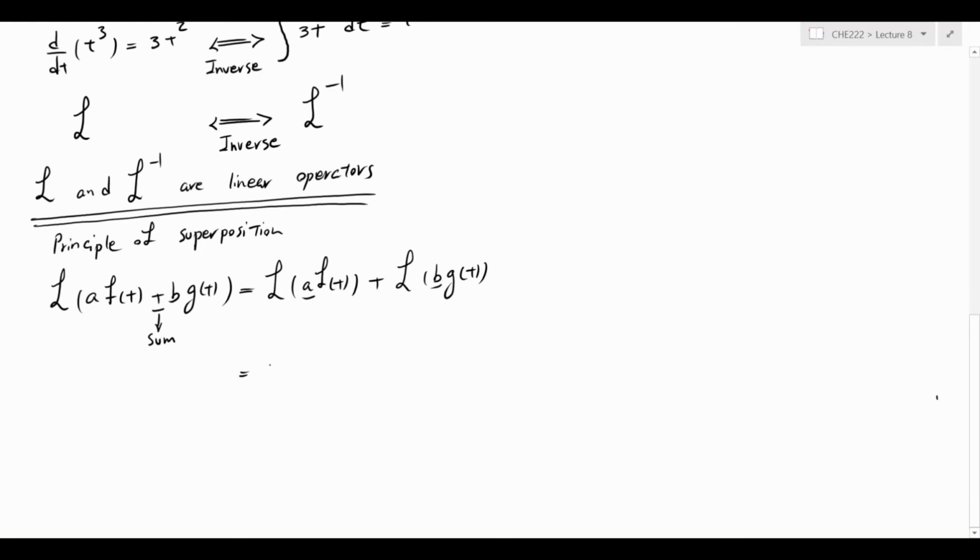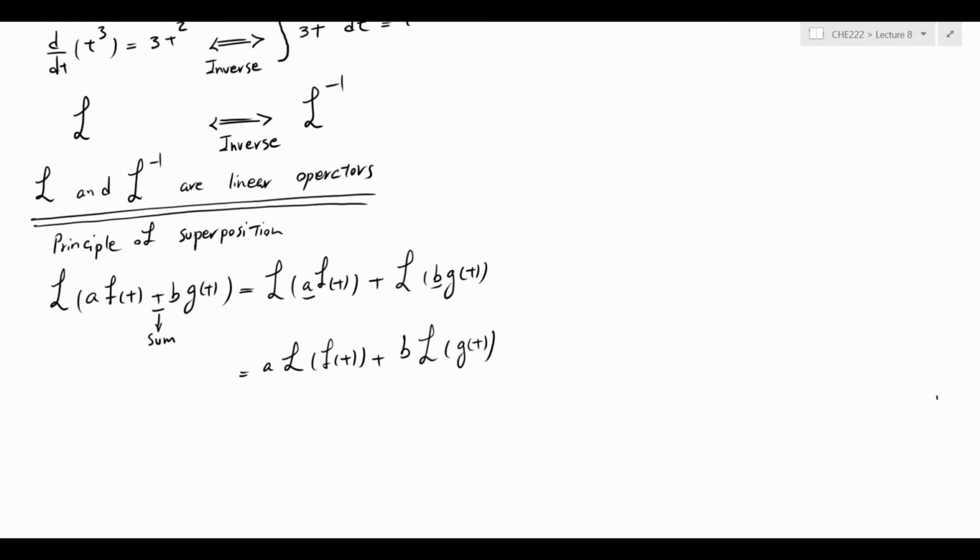So I can write this in a simpler form of a times the Laplace transform of f(t) plus b times the Laplace transform of g(t).